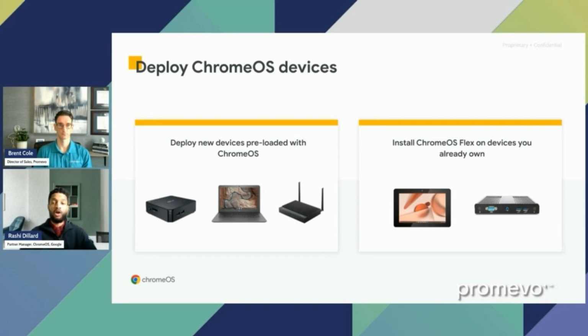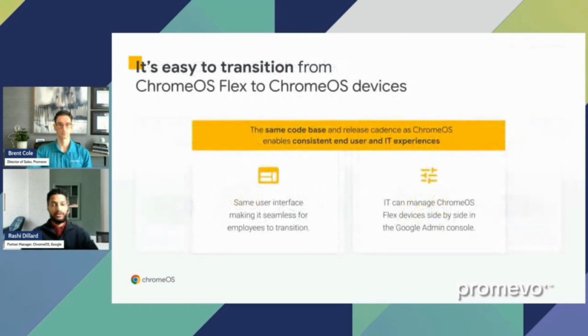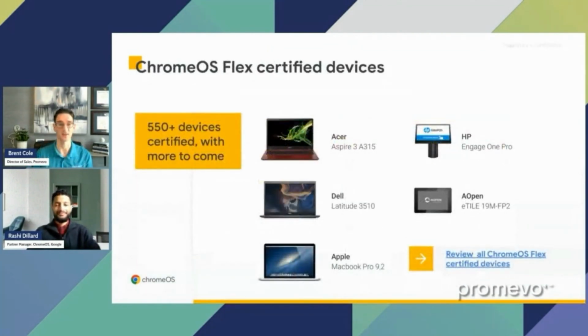Also, you can install ChromeOS Flex directly on the devices you already own. And there is a number of lists of devices that are ChromeOS Flex ready. It's very easy to transition from ChromeOS Flex to ChromeOS devices. Same base code, same user interface, and IT can manage those devices side by side in the Google Admin Console. There's obviously a large fleet of devices here that are certified.